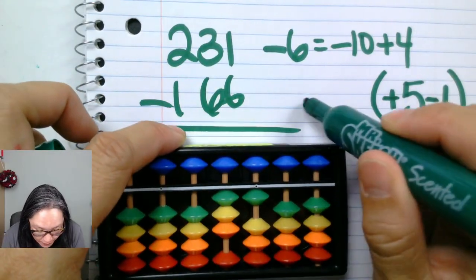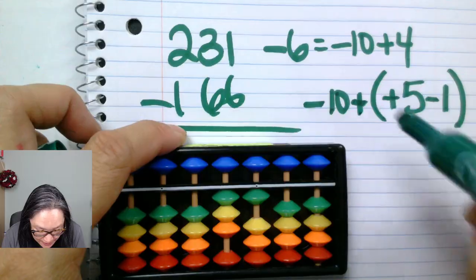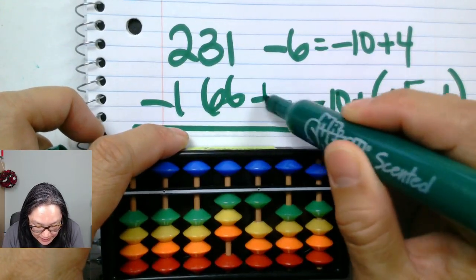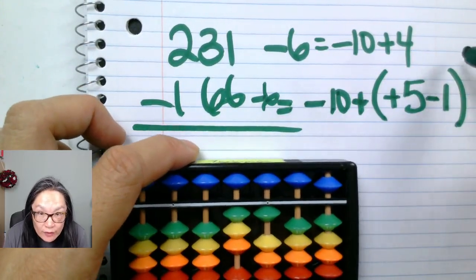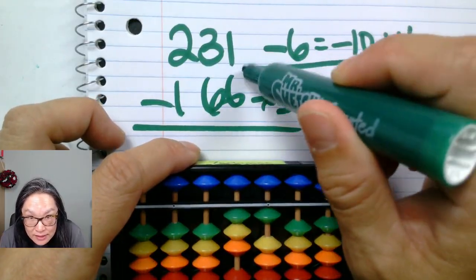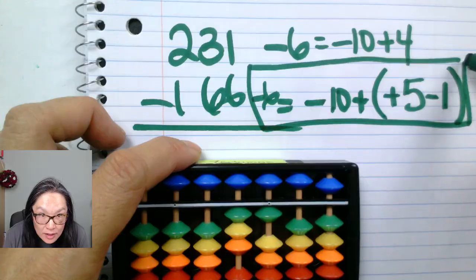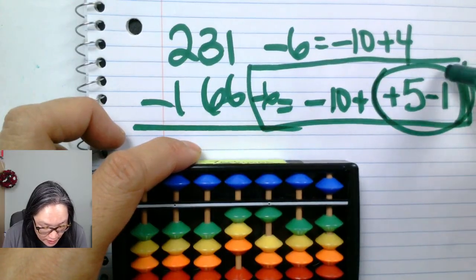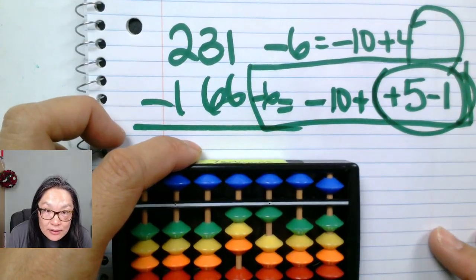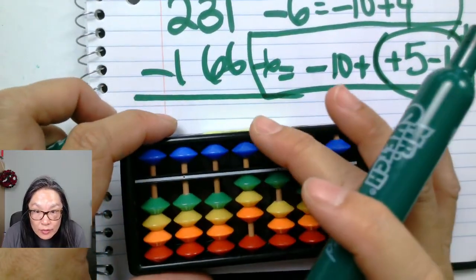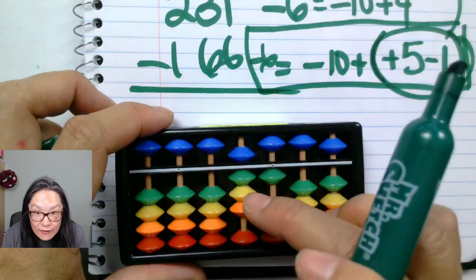Associative property. That's what this is, because we took this information and we're associating it with that. So we're going to do plus the 5 minus the 1.